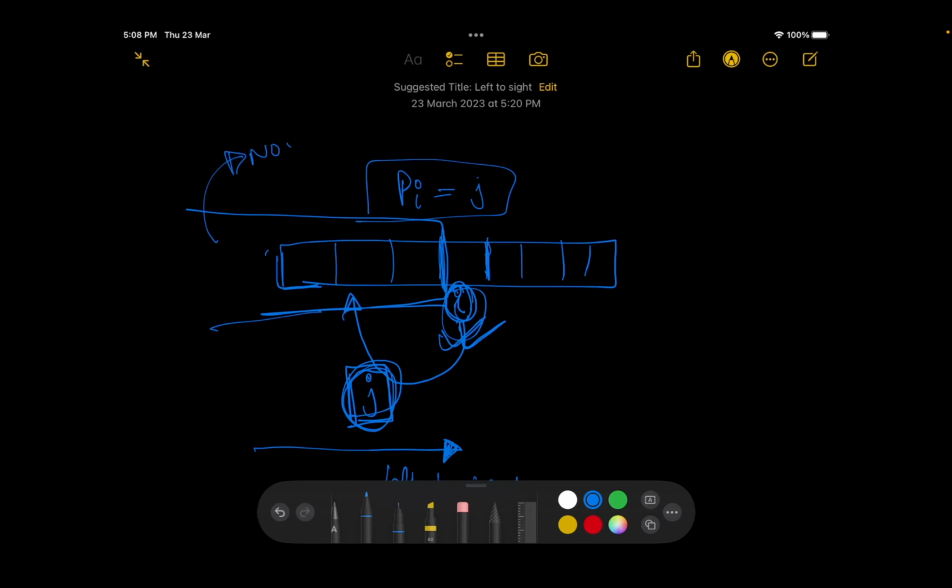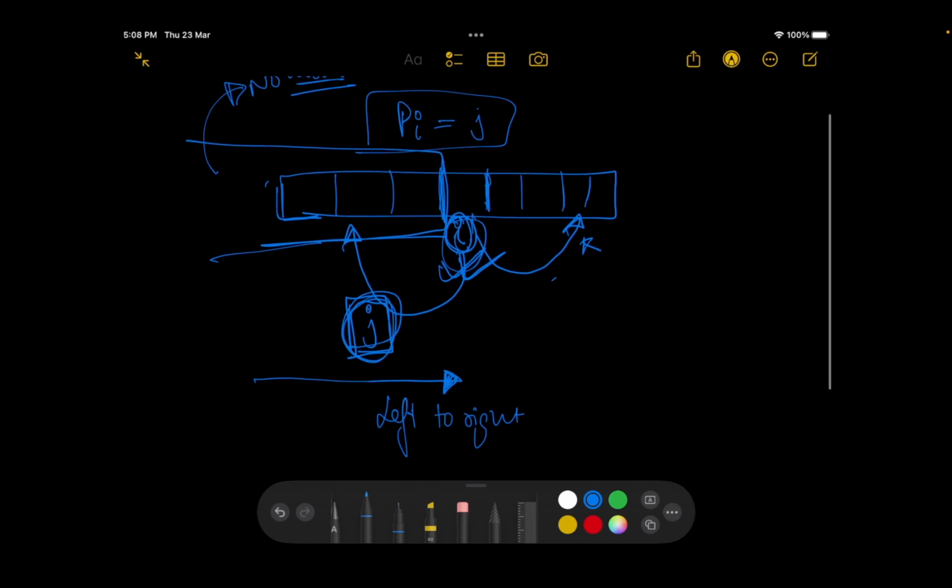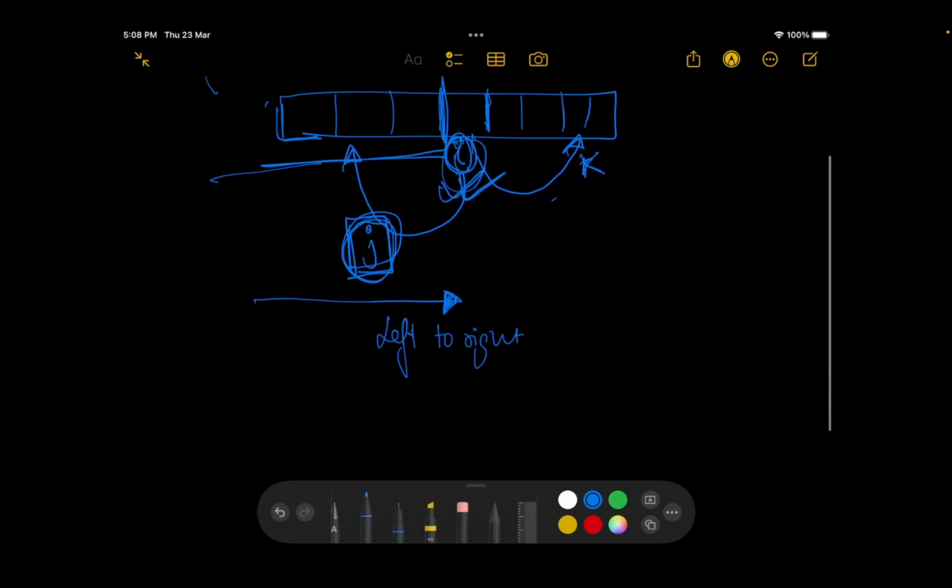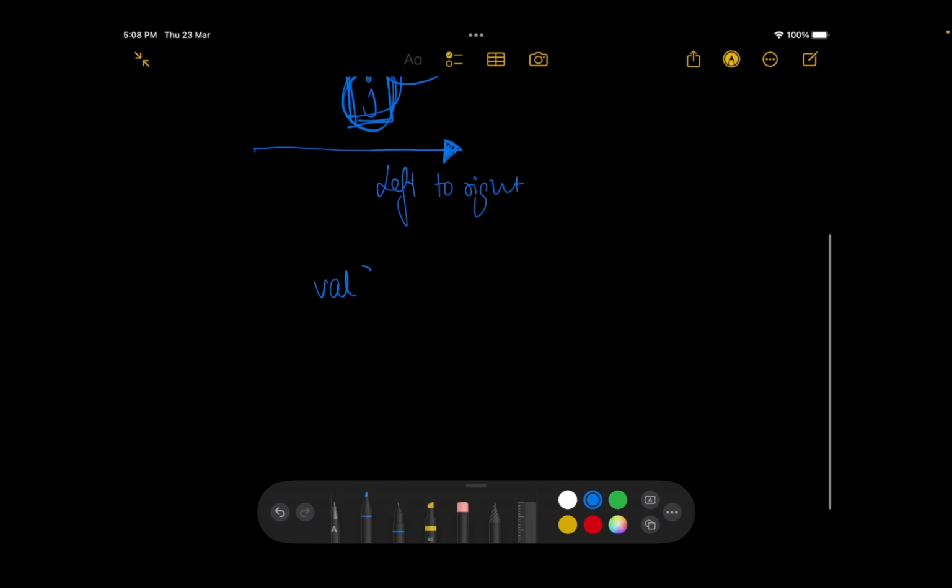The only worry is when your i would be pointing to a value that is ahead of it. Let's say your i is pointing to some value j that is ahead of it. Let's call it k maybe. So k is actually ahead of it, and now you need to worry about this. What are the two cases that can happen? It could be that your value at k is either 0 or non-zero.